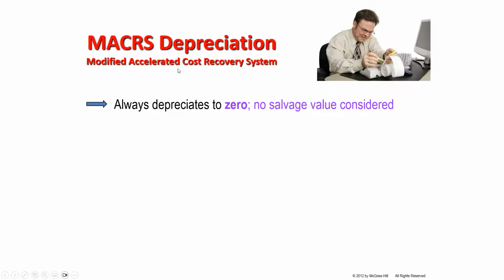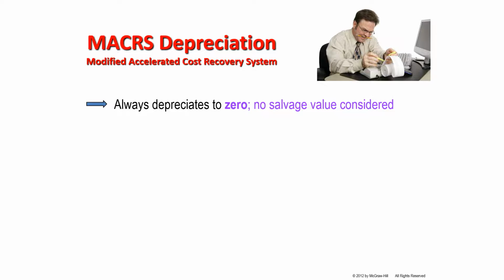So, modified accelerated cost recovery system is just a simplified way of determining the depreciation amount that will occur each year. And it kind of takes away the necessity of having people calculate based on formulas and instead just relies on given factors. And the way it's set up is it's set up so that all equipment depreciates to zero.